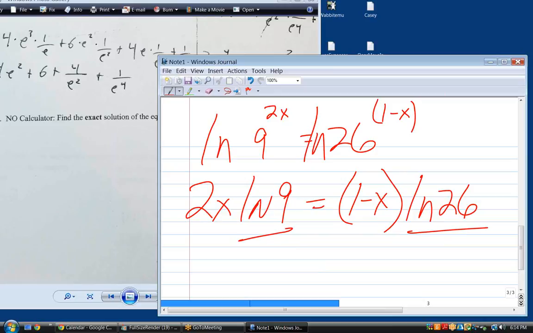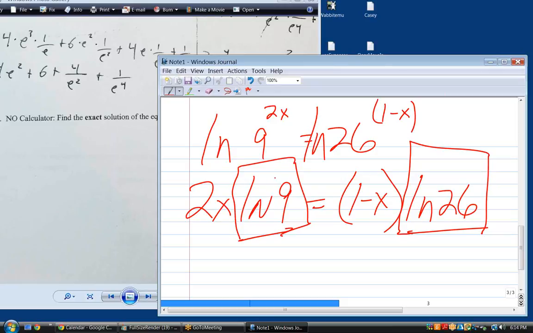I got one equation and one unknown, easy enough to solve. Maybe not that easy. You have to distribute, and some people might have a little difficulty with this, but you won't as long as you always recognize that these are just numbers. It's kind of like the sine of 30 degrees is just a number. It's not any kind of strange function or anything.